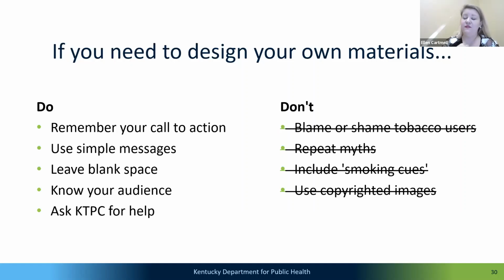If you are a non-smoker and you see an ashtray with cigarettes in it, you're like, ew, gross. If you are addicted to nicotine and you've been a smoker for many years and you see a picture of an ashtray with cigarette butts in it, you're like, I want a cigarette. So we call that a smoking cue, because when somebody who smokes visually sees it, it reminds them of smoking, and it usually makes them want to smoke more. So we avoid those in pretty much all messaging.